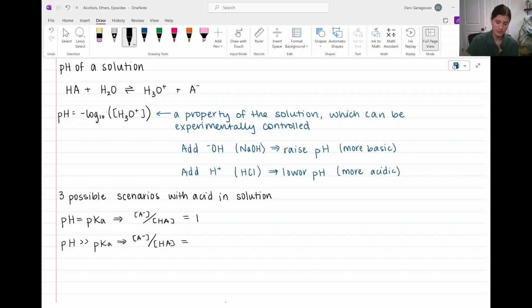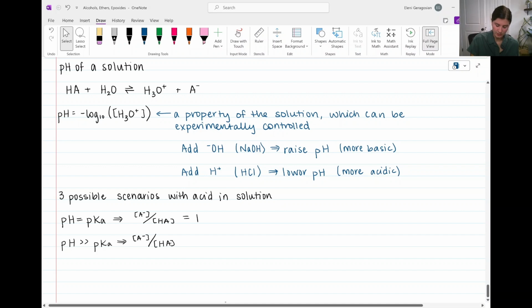So this ratio is certainly not equal to 1. This ratio will have a higher concentration of A-, so it will be greater than 1.